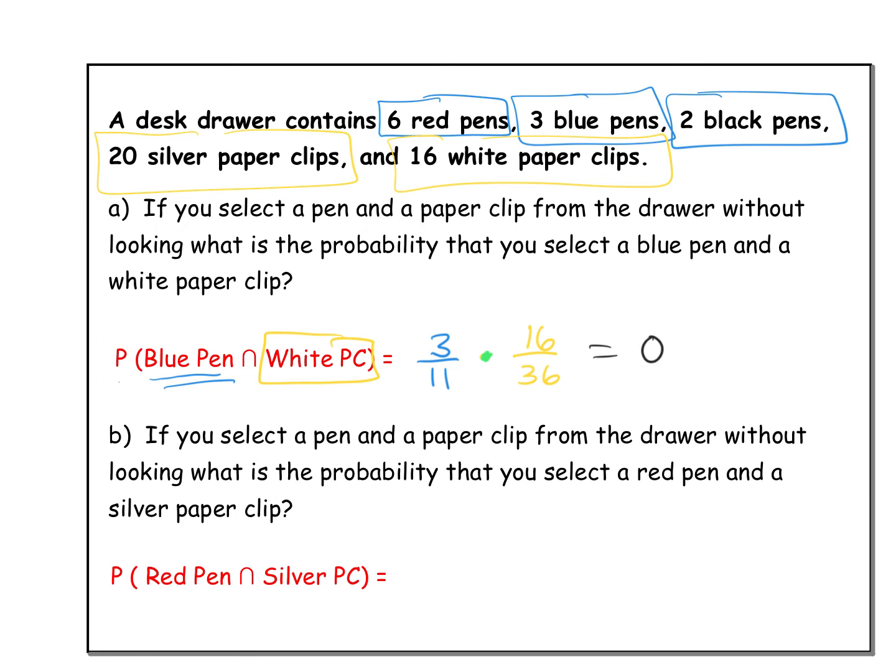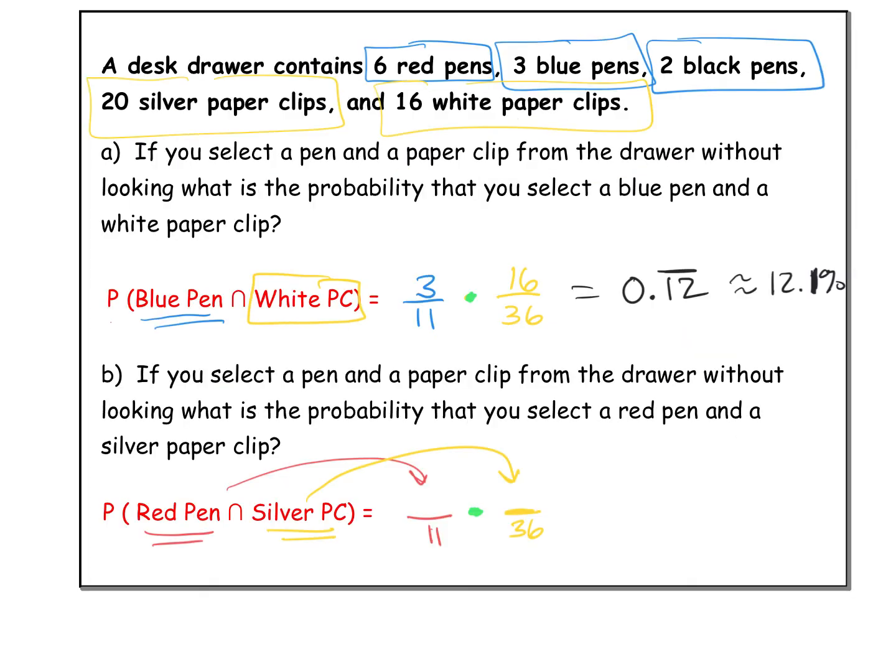Calculate. So you get about 12.1%, 0.12 repeating. Go ahead and do B, and then we'll go over it. So we get red pens. How many red? 6. And then we have silver paper clips, which are 20.